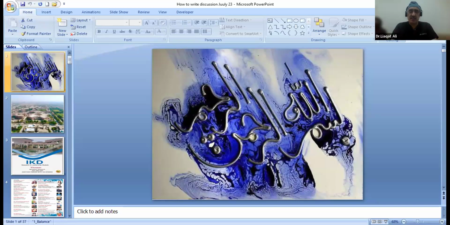This is the aerial view of the Institute of Kidney Diseases, flanked by the beautiful view of the Hyderabad Medical Complex.